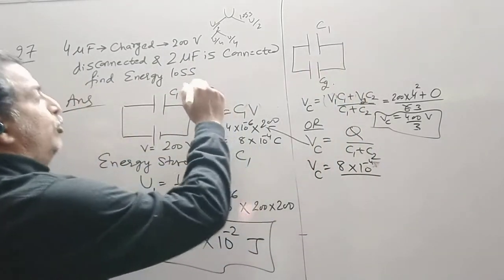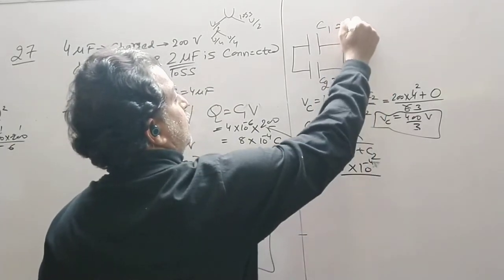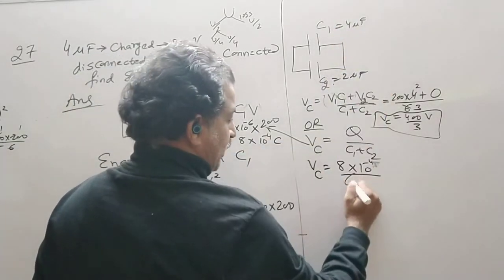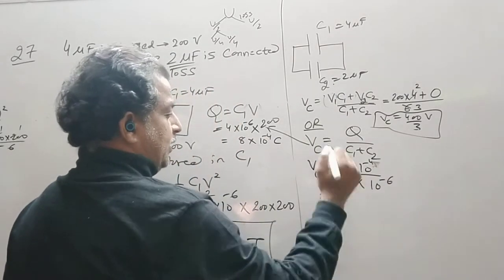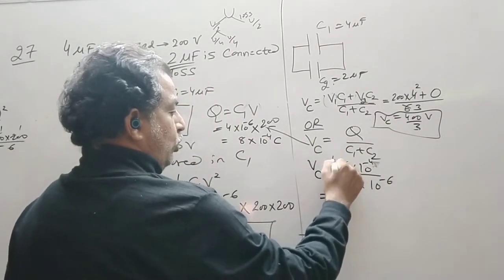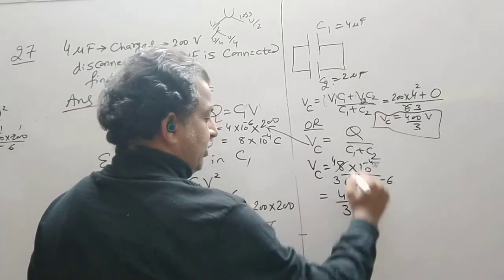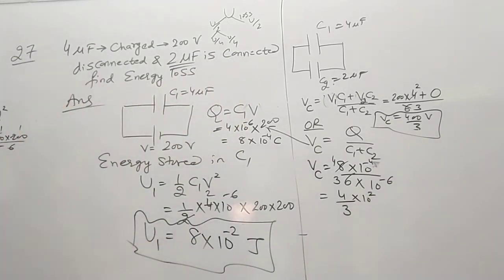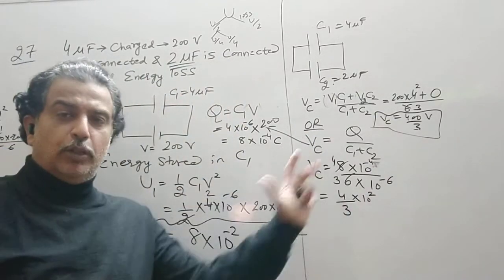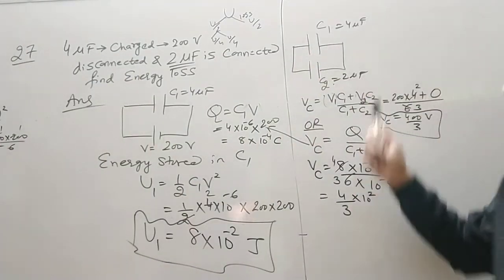This is 2 microfarad, this is 4 microfarad, so 6 microfarad, so 6 into 10 raised to minus 6. So this comes out to be 4 by 3, and if it goes up it becomes 10 raised to 2. So again 400 by 3. In any case you find out this common potential. Now both have the same potential.